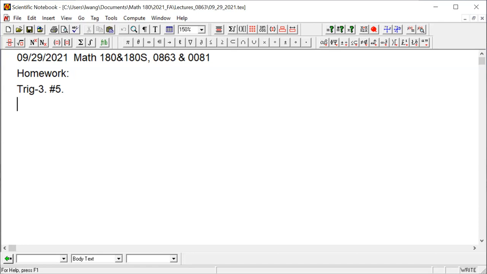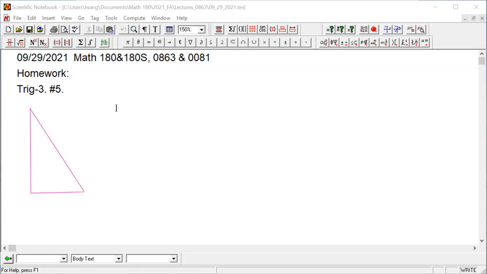Suppose we're in the first quadrant. Okay. We have a triangle. This is a right triangle.